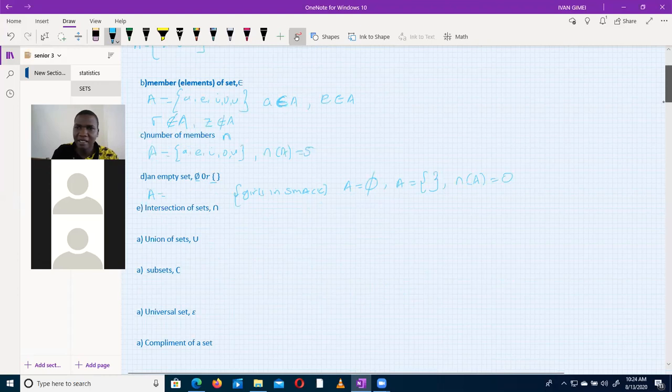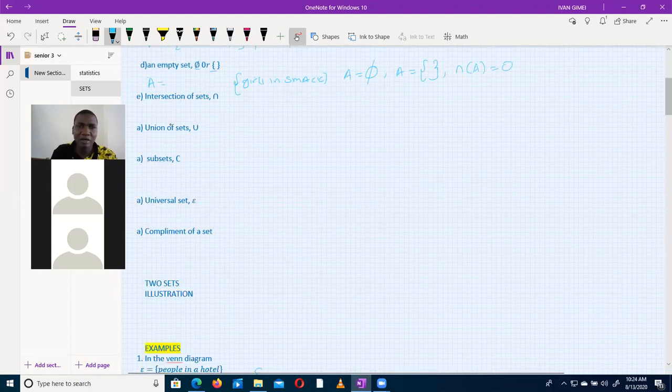Then the other one is intersection of sets. This one you know already. The symbol we use for intersection shows common elements in given sets. If you have set A equals 1, 2, 3, A, B, and set B equals A, B, C, D, E, then they ask you to state the elements in both sets.